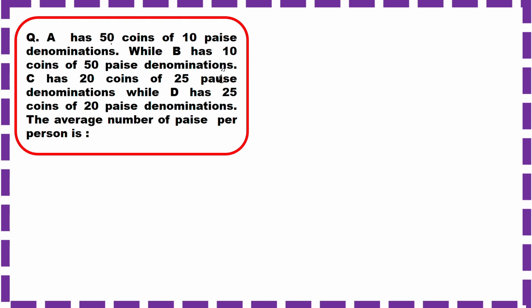So here A has 50 coins, B has 10 coins, C has 20 coins, and D has 25 coins. What is the denomination here? A has 10 pies coins, so into 10. B has 50 pies coins, right? So into 50. C has 25 pies, so into 25, and D has 20 pies denomination, so into 20.